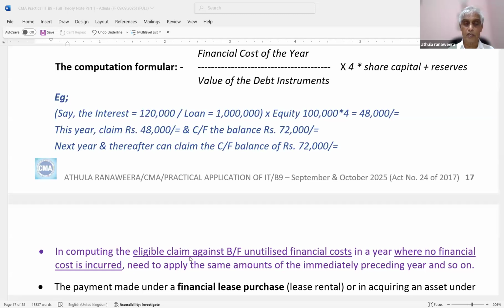In computing the eligible claim against brought forward unutilized finance costs in a year where no financial cost is incurred, at the same time, they have to say no financial cost or debt instrument as at the balance sheet date, debt instrument as at the last date of the year. Then you should apply the previous year, but that part is missing. That's a very good question. They have answered part of your question correctly, but part again they have missed. This is how Sri Lankan laws are, especially tax laws.